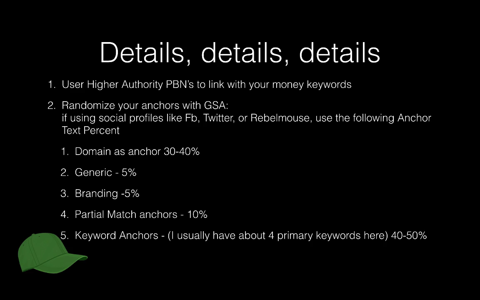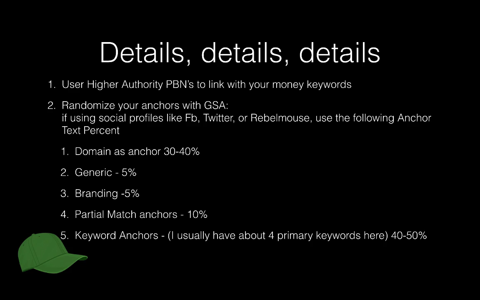Now, if you're using social profiles like Facebook, Twitter, Rebel Mouse, here's the anchor text percentage that I'm going to recommend. And this would be something really close to what I would recommend when it comes to your money site. If it was your money site, I would use less keyword anchors, just a little bit, not by much though.